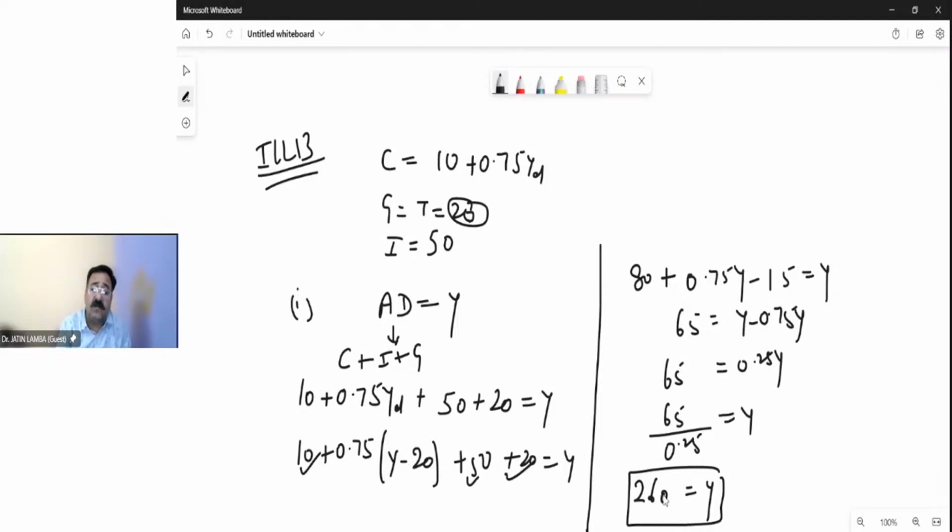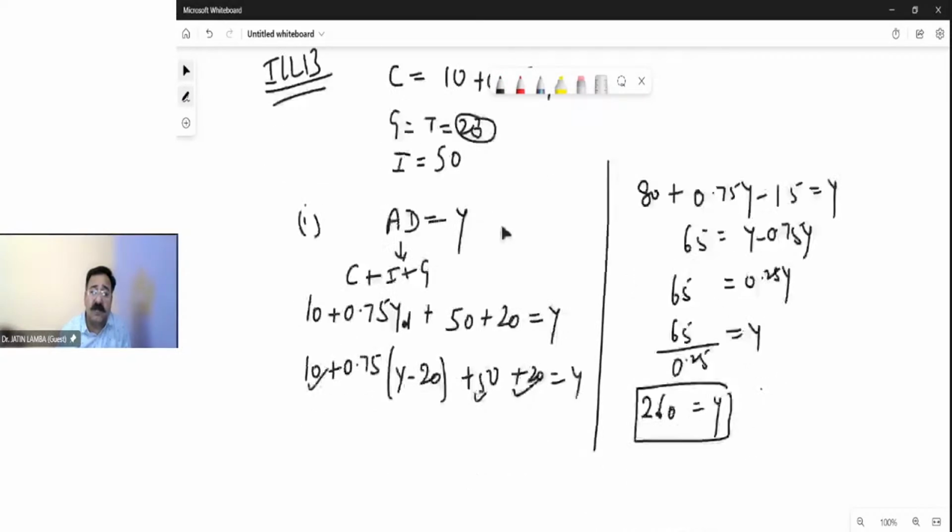Now you have to find the multiplier also, investment multiplier. What was the formula of investment multiplier बच्चों? अगर किसी को याद है तो बताओ फटाफट से. One formula was delta Y upon delta I, but that formula we cannot use here because change in income and change in investment are not given, right? The second formula we can use is 1 upon 1 minus MPC.